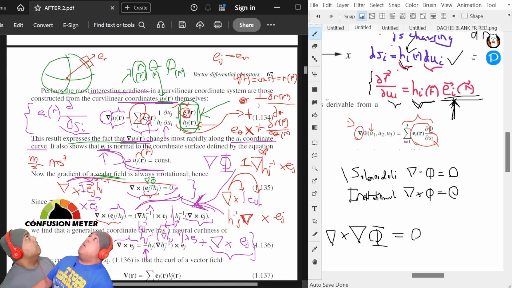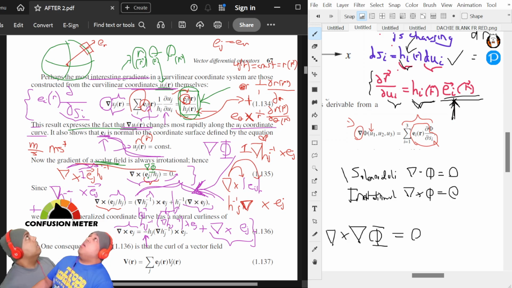Since this equals this, which we made some kind of sense of from here, we find that a generalized coordinate curve has a natural curliness. Okay, so there's a coordinate curve here, and we curl it to find the curliness.